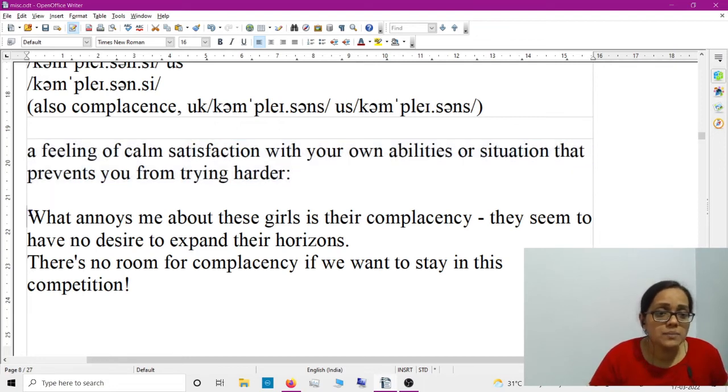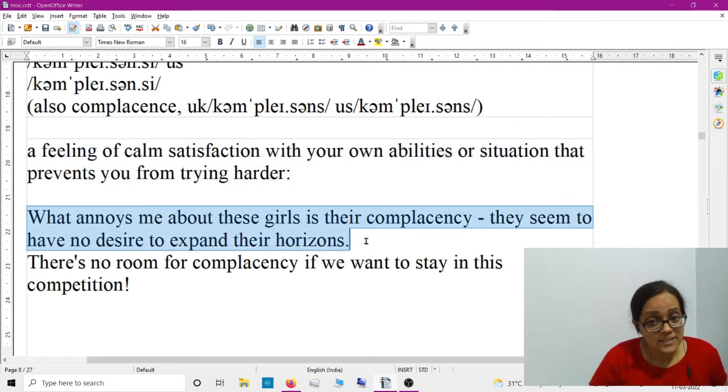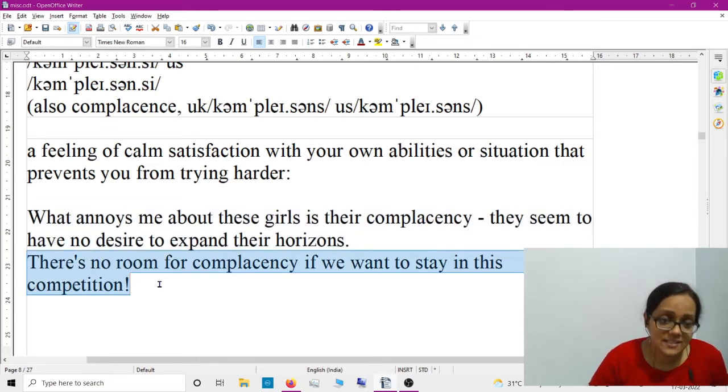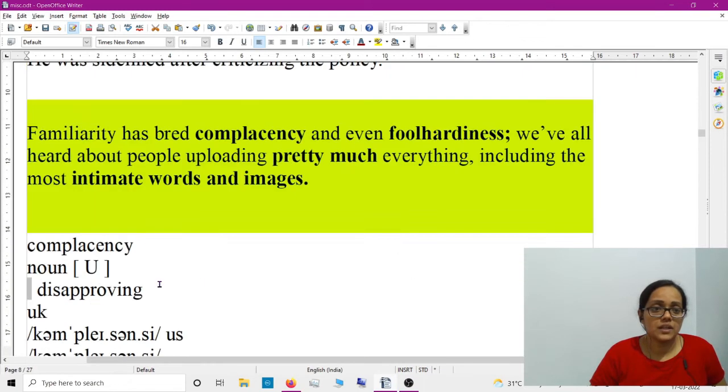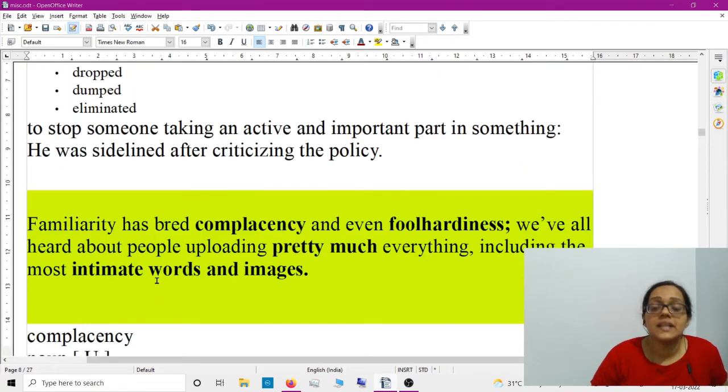What annoys me about these girls in their complacency is they seem to have no desire to expand their horizons. There is no room for complacency if you want to stay in this competition. Familiarity has bred complacency. So we become familiar, so we don't want to improve further. Has bred complacency and even foolhardiness.